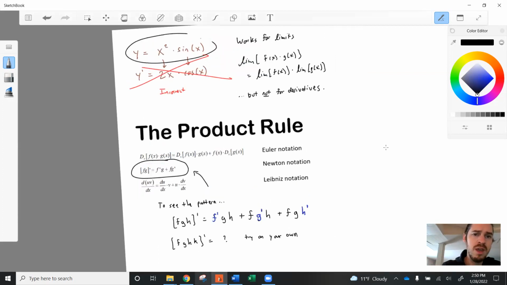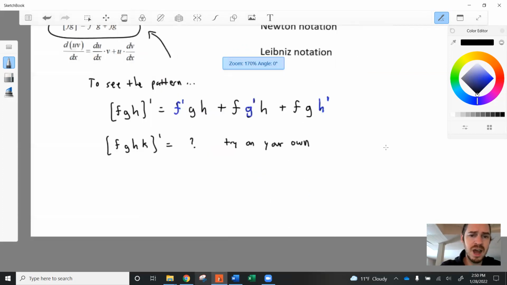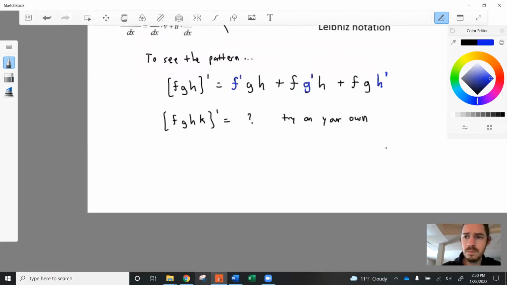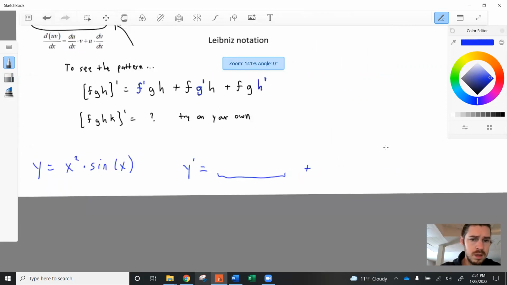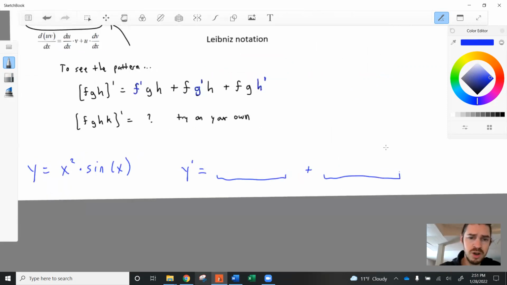It was x squared times sine of x. I'm going to copy that down below. Let's do it correctly this time. y equals x squared times sine of x. To take the derivative of this correctly, y prime, we'll have two terms, term 1 plus term 2. And in term 1, we'll take the derivative of the first factor, x squared. So that'll be 2x.